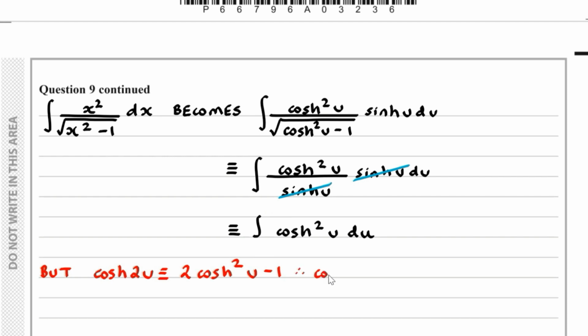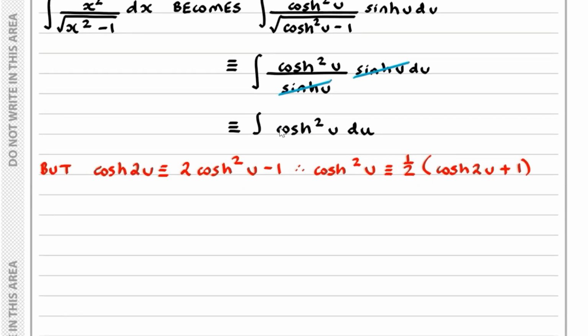And so hyperbolic cosine squared u is equivalent to 1/2 lots of hyperbolic cosine 2u plus 1.